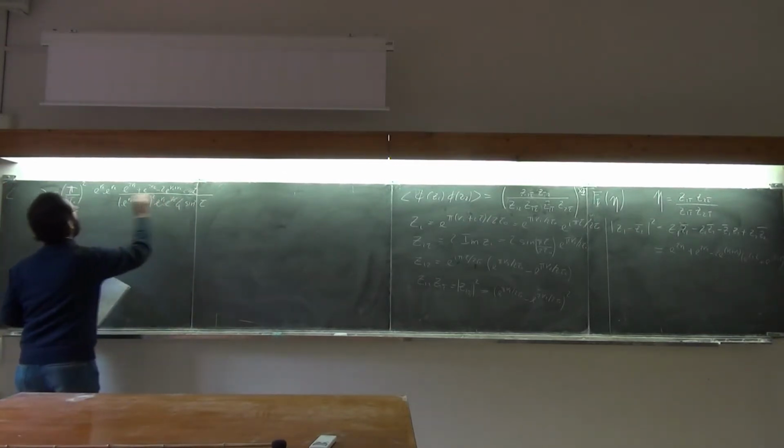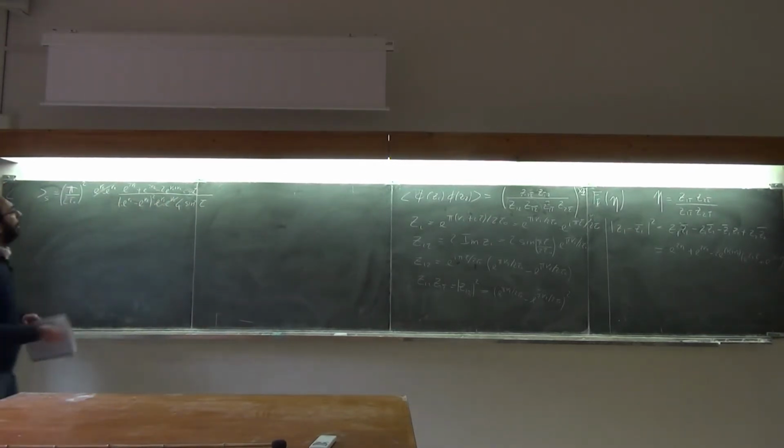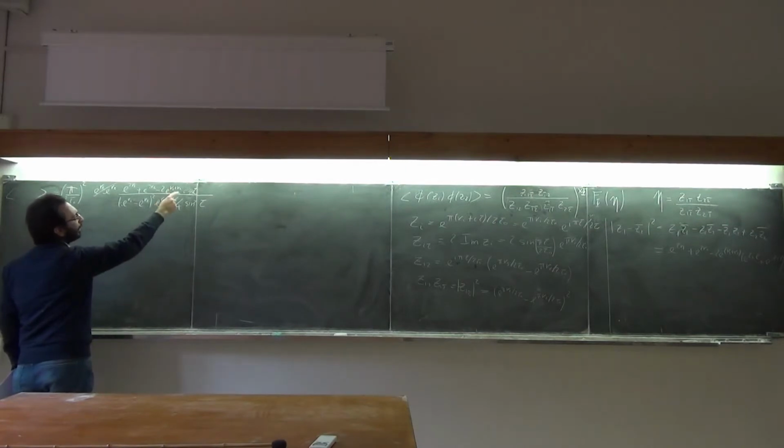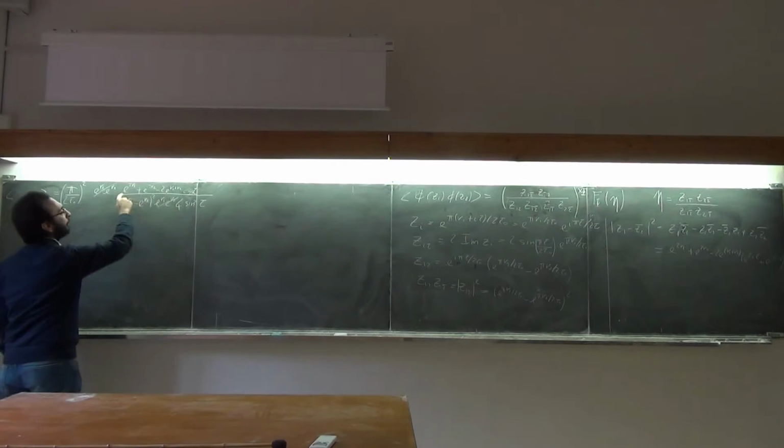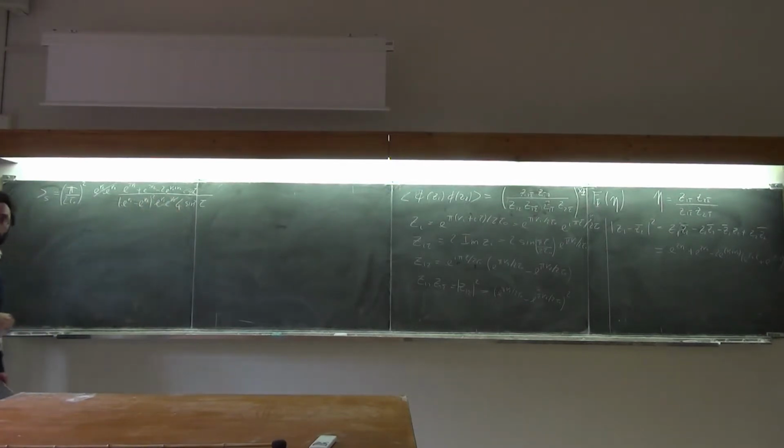Okay, you can see these guys just cancel. You can also divide and multiply everything by this to see that actually the form that you have is translation invariant, as it should be. So during the calculation, things are not translation invariant, but at the end the final formula is as it should be.